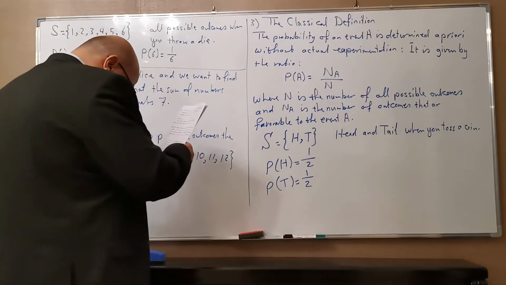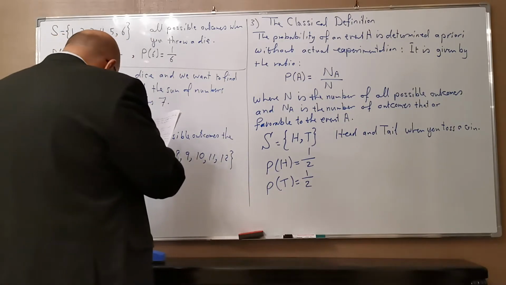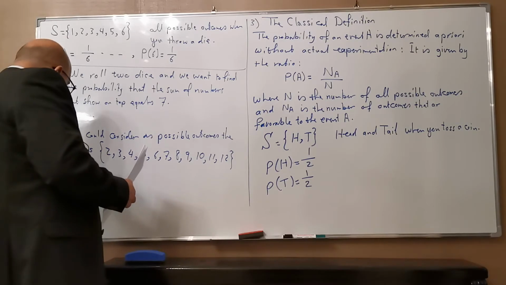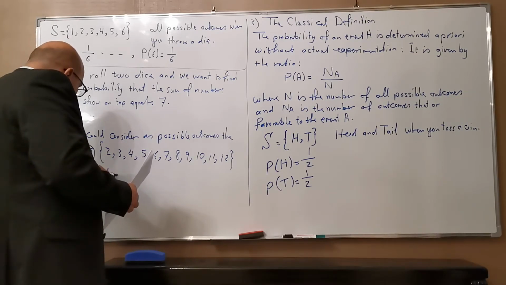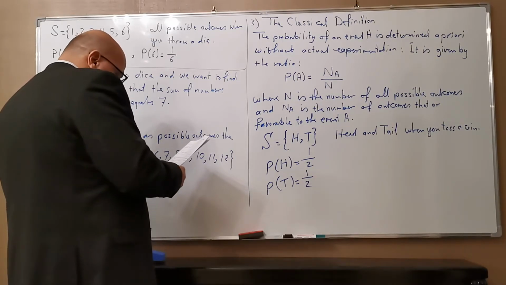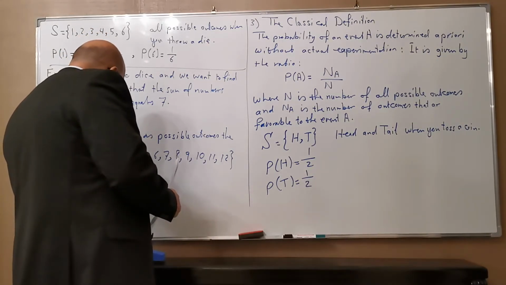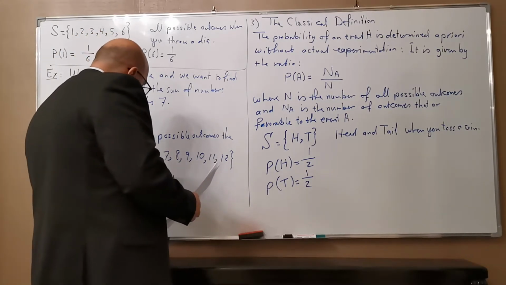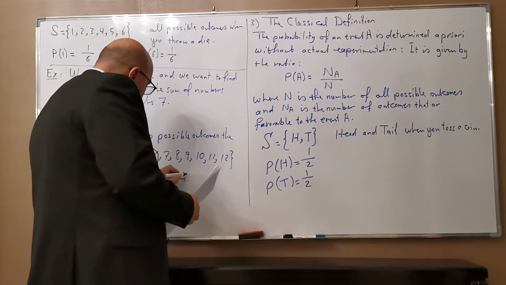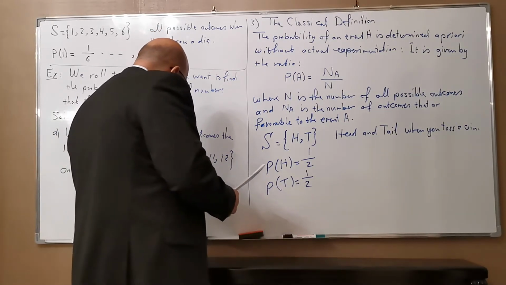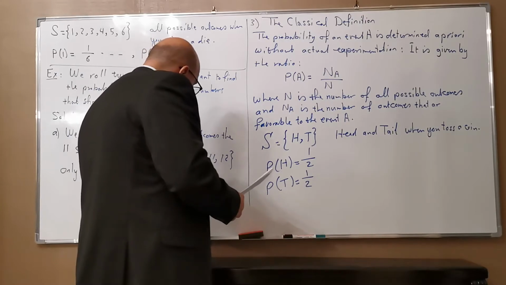So only one outcome is favorable, namely the sum equals 7.